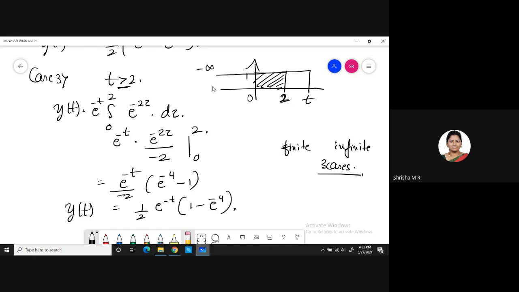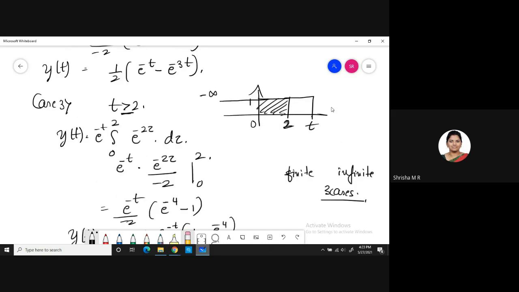You are moving some block on one other block; you have to imagine like that. First t will be less than or equal to 0, then in between 0 to 2, then t greater than or equal to 2. Got it?